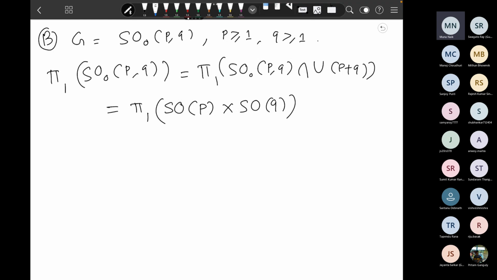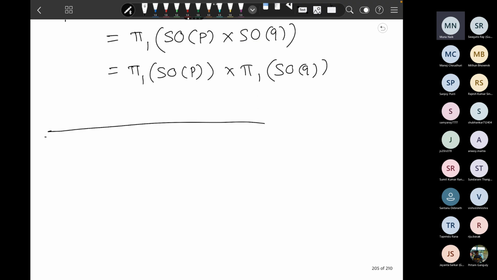We have seen that SO naught (p,q) intersection U(p+q) is homeomorphic to SO(p) cross SO(q). So this is really the same thing as pi 1 of SO(p) plus pi 1 of SO(q).